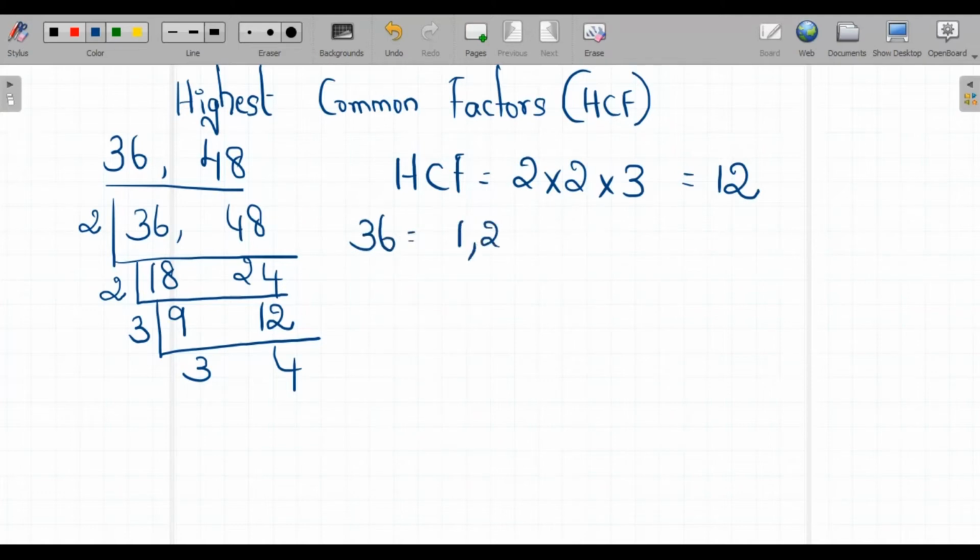So 1, 2, 3 is a factor. 4 9s are 36. 5 is not possible. 6 6s are 36. 7 not possible. 8 not possible. 9 4s are 36. 10 is not possible. 11 is not possible. 12 3s are 36. 13 no. 14 no. 15 no. 16 not possible. 17 not possible. 18 2s are 36. Correct? So these are the factors of the number 36. Of course, along with it, the number 36 itself.